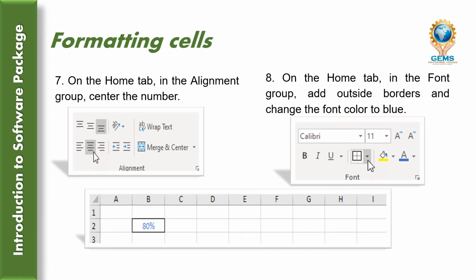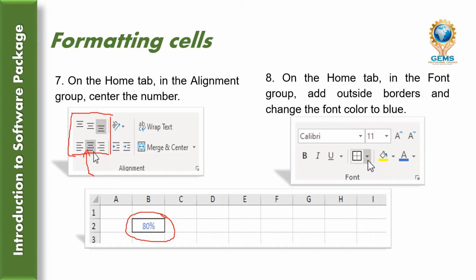Here in Format Cells, alignments, there are different alignment formats: left, group center the number, everything you can use. So this is the example. Now it's center aligned.